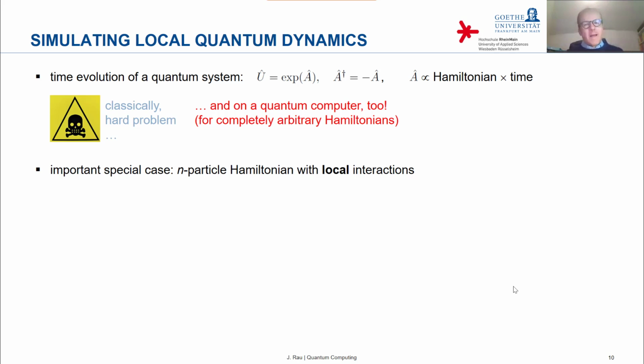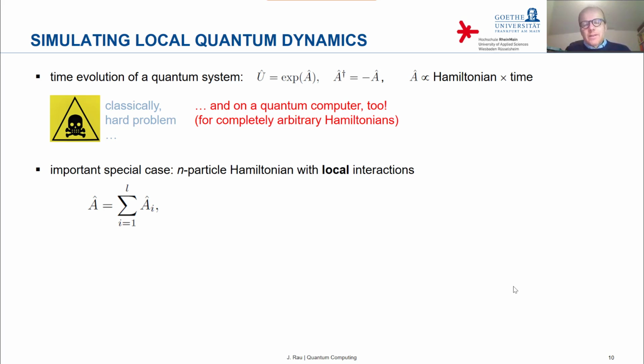In that case, we have local interactions, and I would like to show you that that situation can be simulated efficiently on a quantum computer. Let me first specify a bit more formally what I mean by local interactions.